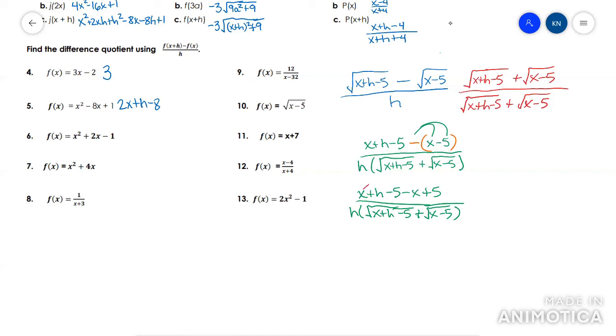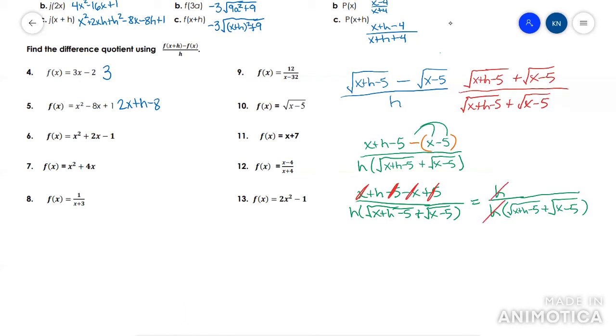So keep that in mind. But this is your part where stuff will cancel. You'll end up with just h over h parentheses, that root plus root. And now you can cancel your h's.